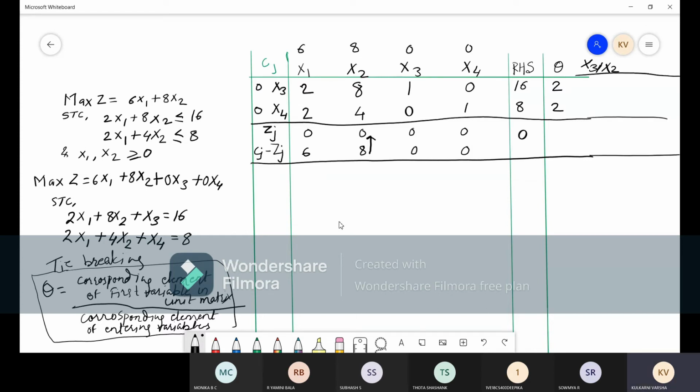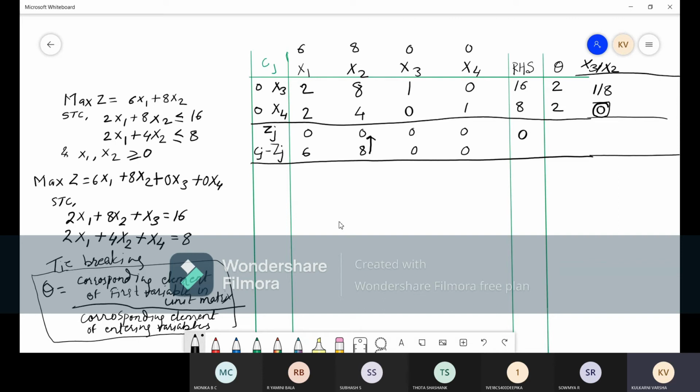So 1 divided by 8, write it as 1/8 only, and 0 divided by 4 is 0. In theta we can consider this as 0. So this is smaller, so which one is leaving? x4 is leaving.